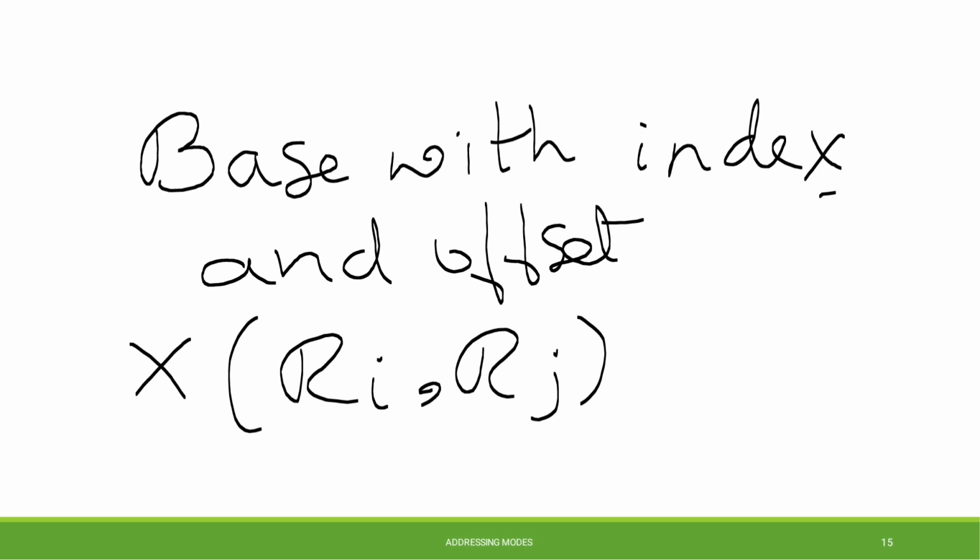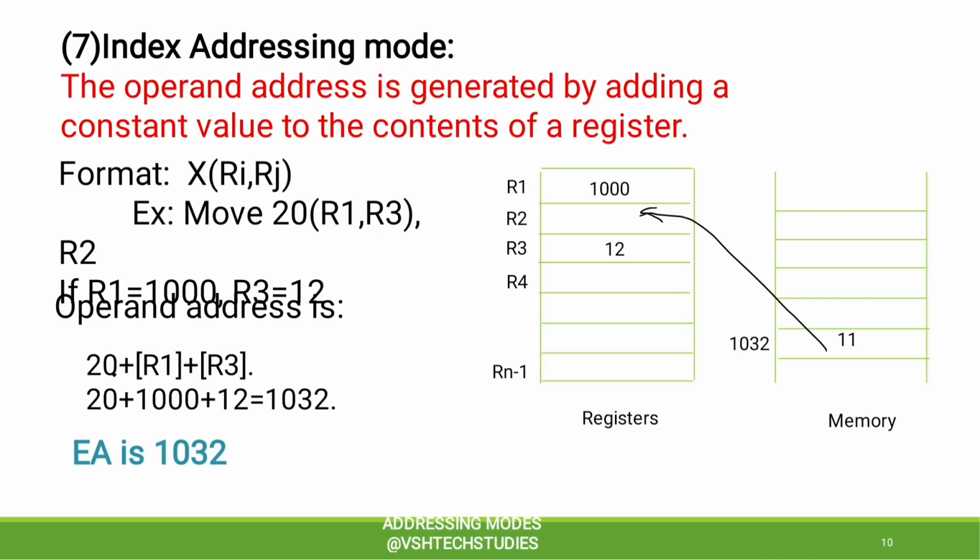Next, base with index and offset, X(Ri, Rj). The operand address is generated by adding a constant value to the contents of a register, plus one more register is taken here. So X(Ri, Rj). For example 20(R1, R3) means R1 and R3 form the index.